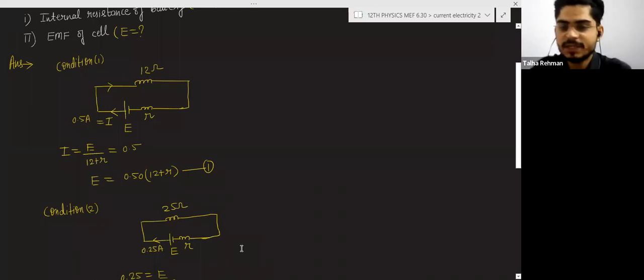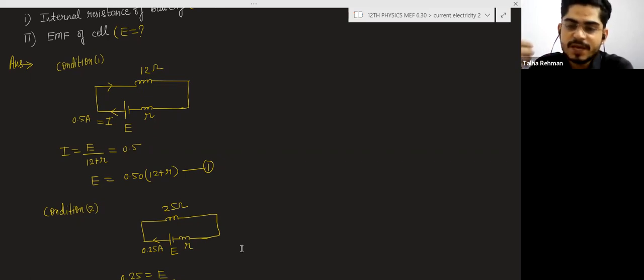One thing in mathematics is that if you have 2 variables to find and you have 2 equations, then you can solve easily. If you have to find 3 variables and you have 3 equations, then you can find it easily.